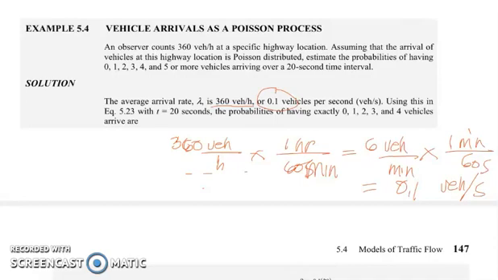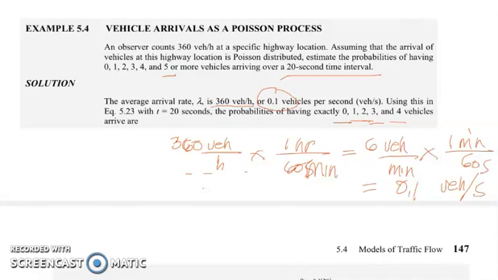And our t here is 20 seconds, because this is the arrival time interval. We are going to solve for the probabilities of having 0 vehicles, 1 vehicle, 2 vehicles, 3 vehicles, and 4 vehicles arriving, and the probability that 5 or more vehicles will arrive within an interval of 20 seconds.